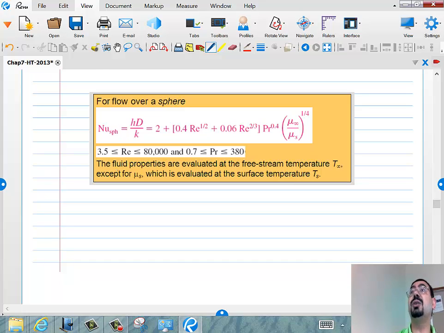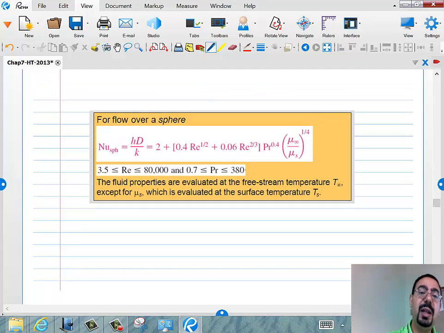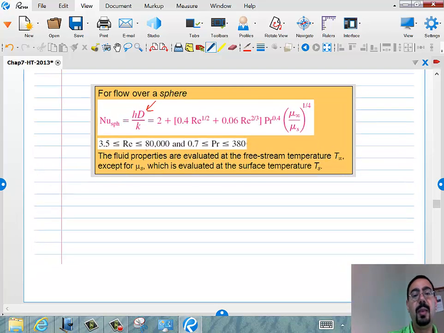It would be the length of a flat plate. If we have a bunch of cylinders, we will have to check what will happen. But there will always be a length scale over here. And that too, if you kill the Reynolds number, you make it 0, you'll get the Nusselt number equal to 2.